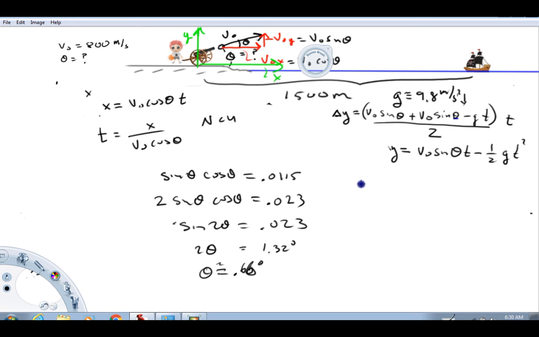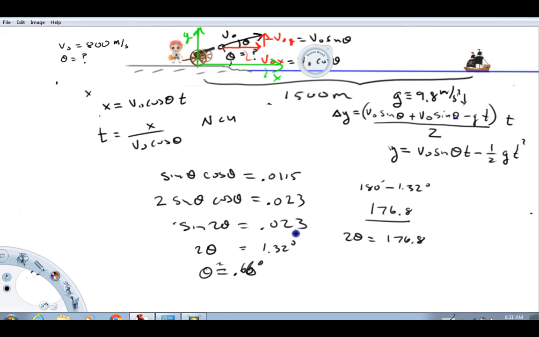If we take 180 degrees minus 1.32 degrees, we get 176.8. So another solution to this equation is 2 theta could equal 176.8 degrees, because this is a second angle that has a sine equal to 0.023.